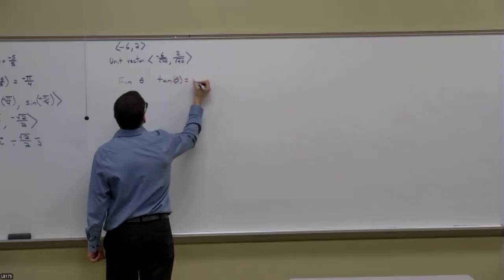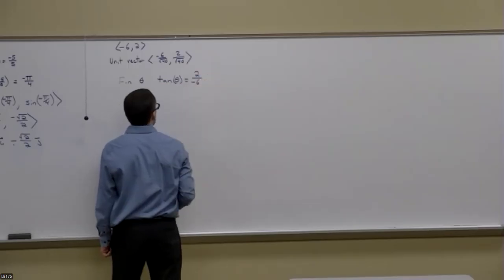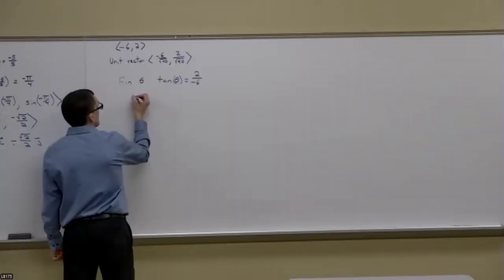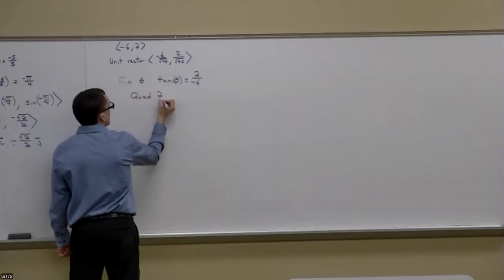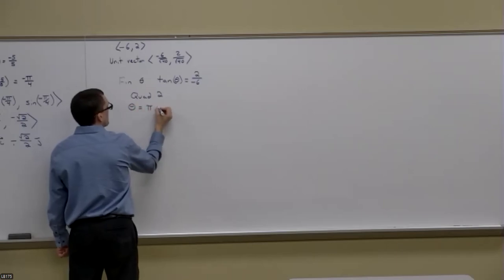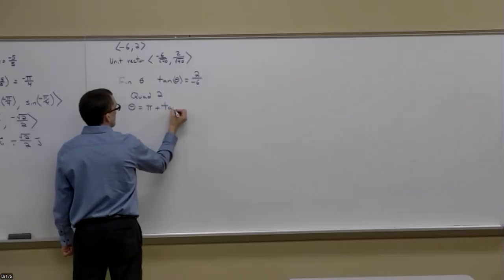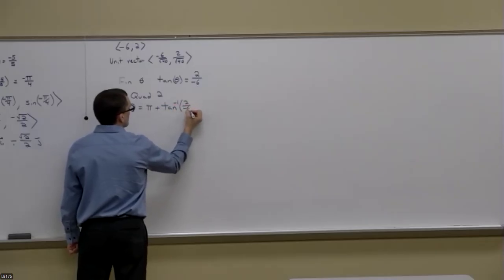I'd say that the tangent of theta is 2 over negative 6. We're in quadrant 2. So theta is going to be pi plus the inverse tangent of 2 over negative 6.